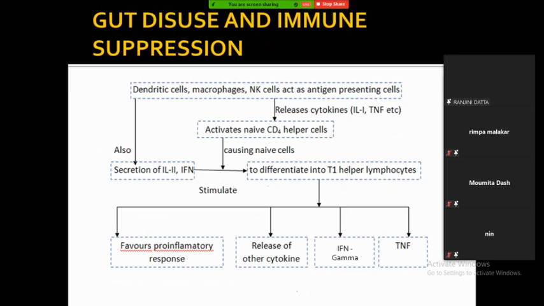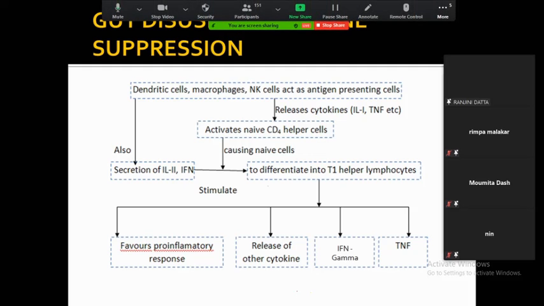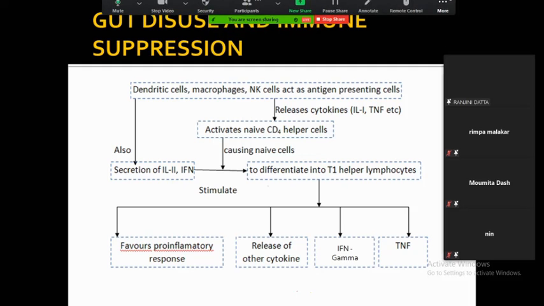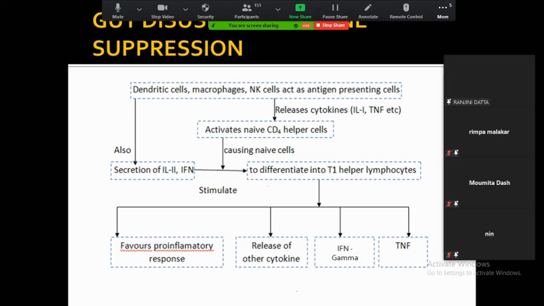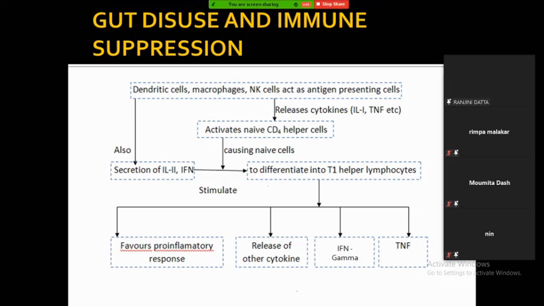Now let me quickly explain the immunological model as to what happens when there is aggressive parenteral nutrition. Parenteral nutrition will somehow influence the dendritic cells, the macrophages, the NK cells to act as antigen presenting cells. These antigen presenting cells, as we know, will release cytokines like interleukin 1, tumor necrosis factor. These in turn will activate the naive CD4 helper cells.